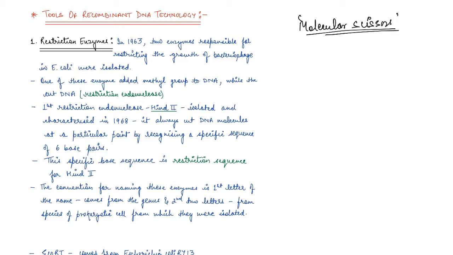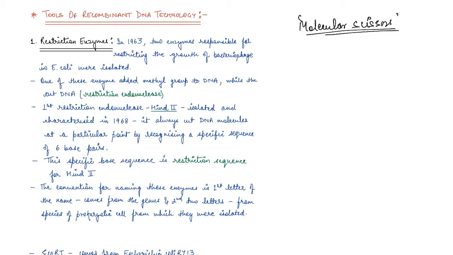In the year 1963, we found that there are two enzymes responsible for restricting the growth of bacteriophage. These were isolated and introduced in E. coli. After they were introduced, one enzyme added a methyl group to DNA, and the other enzyme cut the DNA.